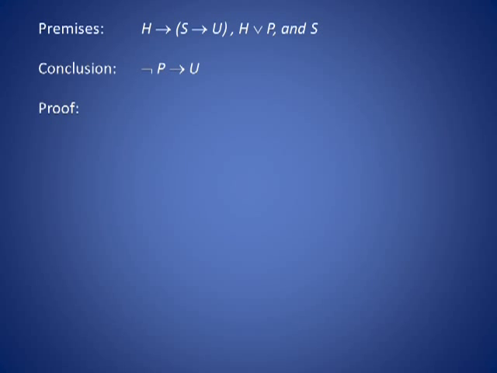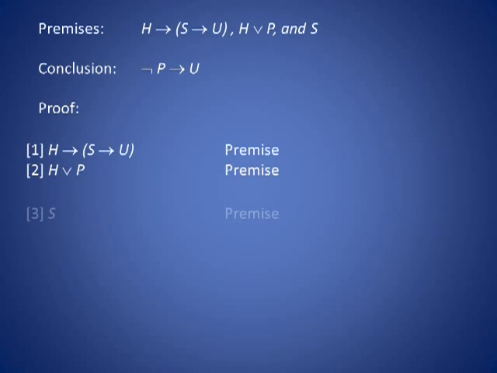The proof begins with listing the three original premises. H implies (S implies U), H or P, and S. Now we introduce the conditional premise, not P, on line 4.